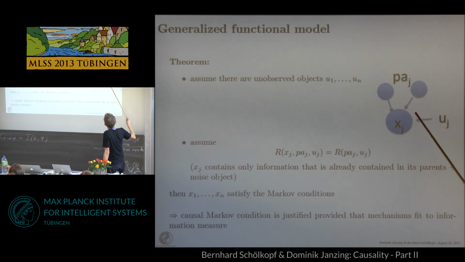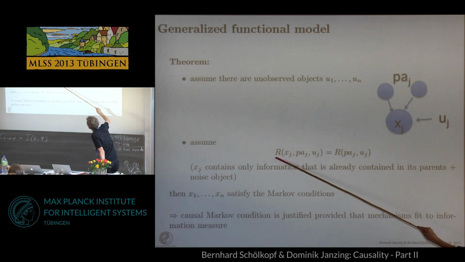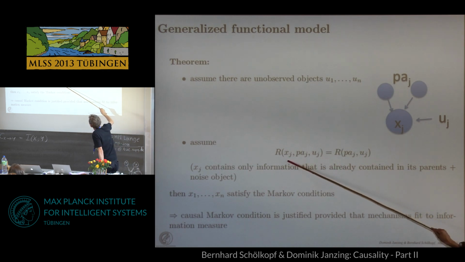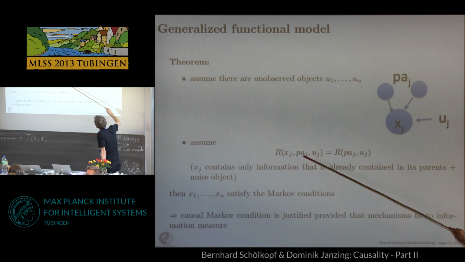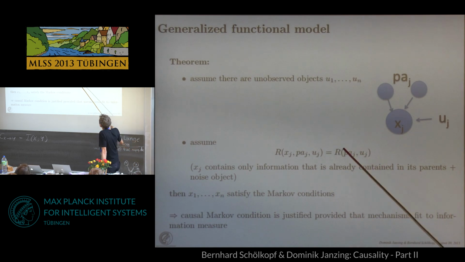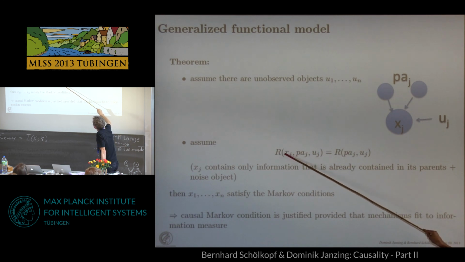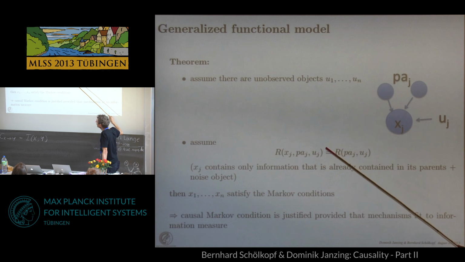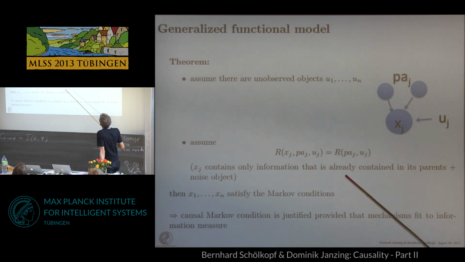And in order to copy this fact, we just stated this equality, saying that the information of xj, its parents and the noise, is the same as the information of the parents and the noise, because it just says that the variable xj does not add any information compared to the information that is already contained in the parents and the noise. And then we could show that if we assume that and also the joint independence of these noise objects, then we have again a causal Markov condition.